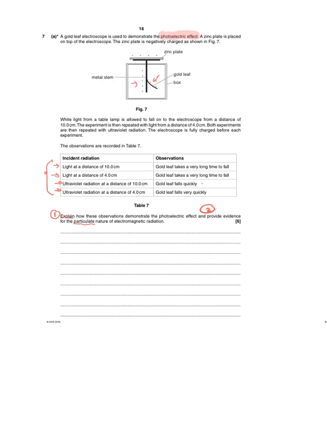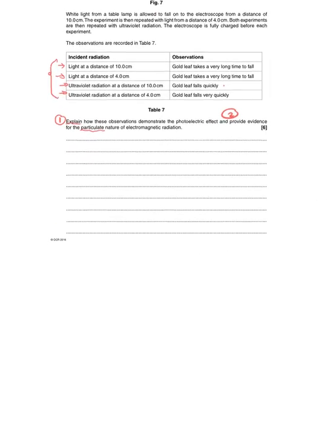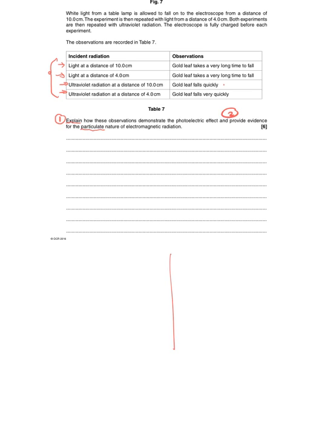So to begin with, we need to plan a bit. I will use some of the space here to plan below it. So I have 2 things to answer. One is how the observations demonstrate the photoelectric effect. The second one is how it provides evidence.